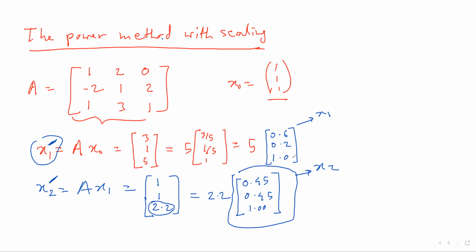Do the same thing as the original method, just use the scaled version in every iteration. That's the only difference. And if you continue with this process, at some point you get up to x6. Let's write x5 plus. x5 looks like 0, 0.5, 0, 0.49, and 1.